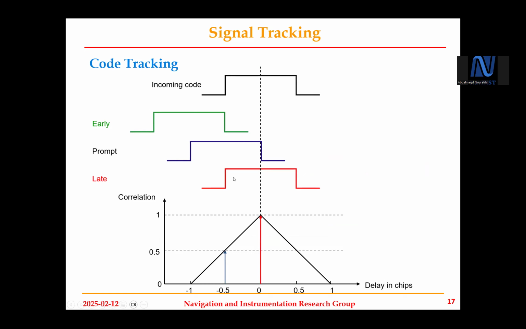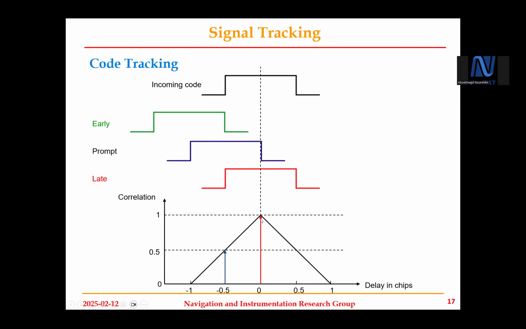Yes. So the goal here is to keep this prompt replica aligned with the incoming signal. If we succeed in that, because we have a reference time here, right? The amount this signal is shifted from the time we start with, from like zero shift, that's the delay. That's what we are looking for indeed. The purpose of the early and late is to keep this balanced correlator.